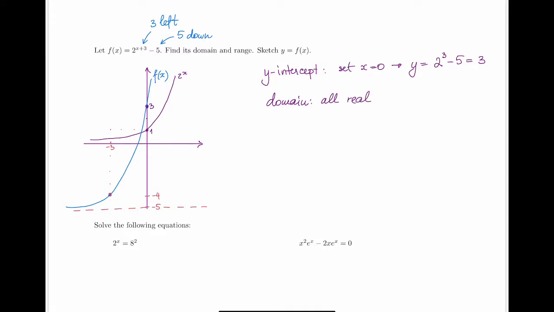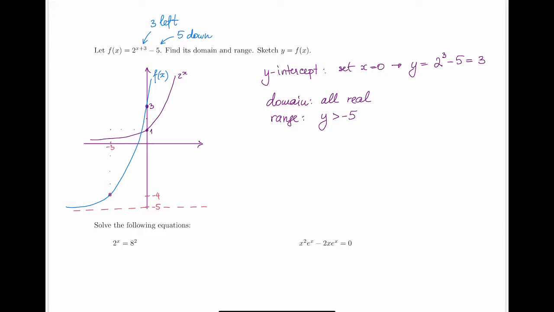The range used to be, for 2 to the x, everything above 0, but now the whole picture has been shifted down. So I can see that I can never get anything below -5, but I will get everything above it. So the range will be all of the y values that are strictly greater than -5.